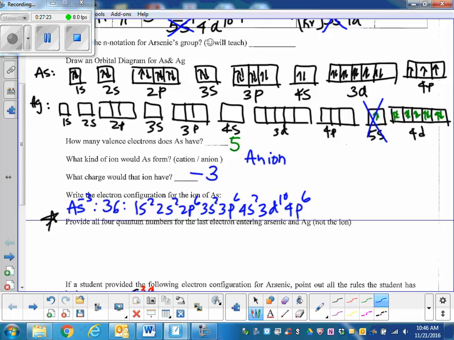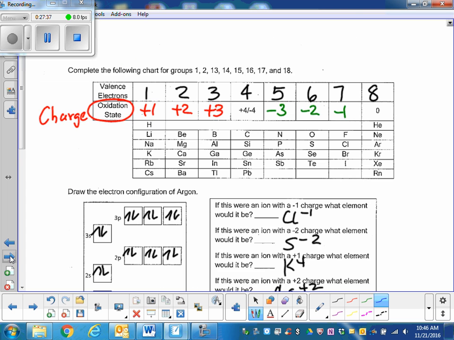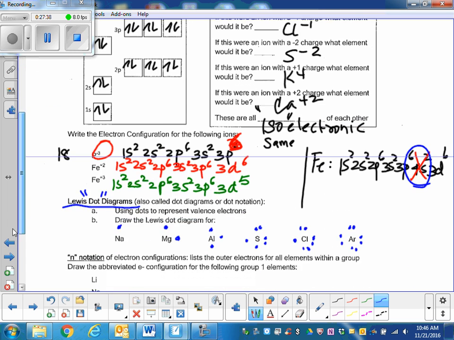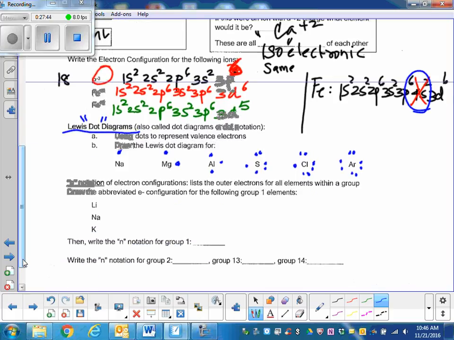So you should know how to answer all these. Pay attention to all these little nuances in the question and answer them correctly. Are we understanding it all? Okay. Now moving on. I think you can do krypton's electron configuration yourself. You know how to do it. I'm going to move on.